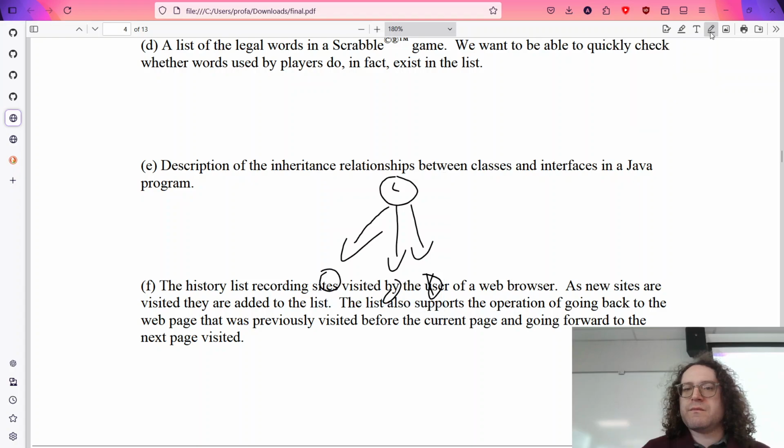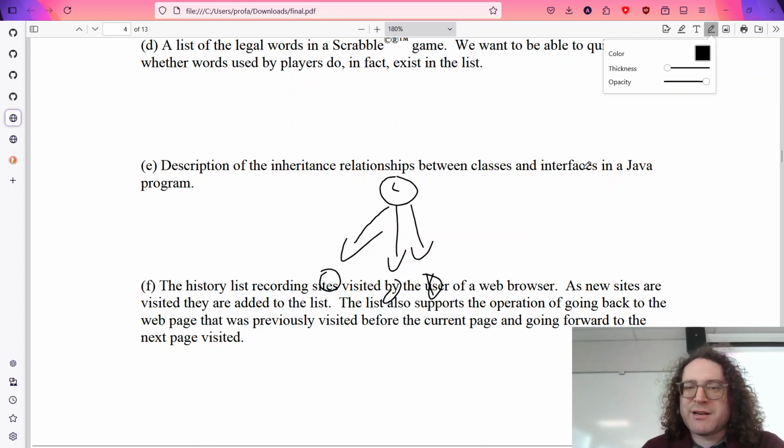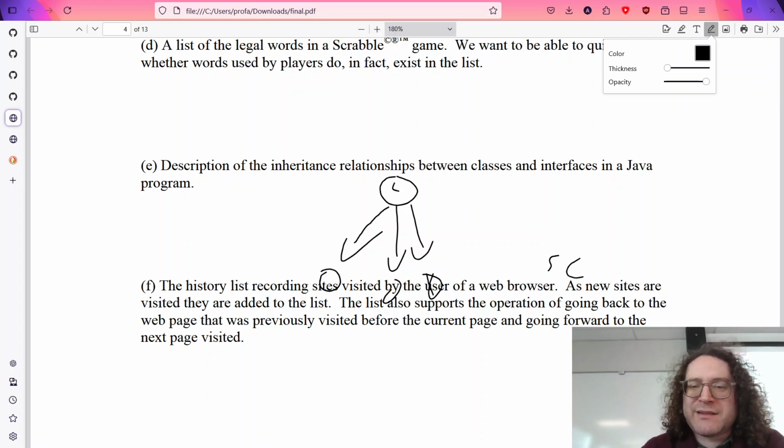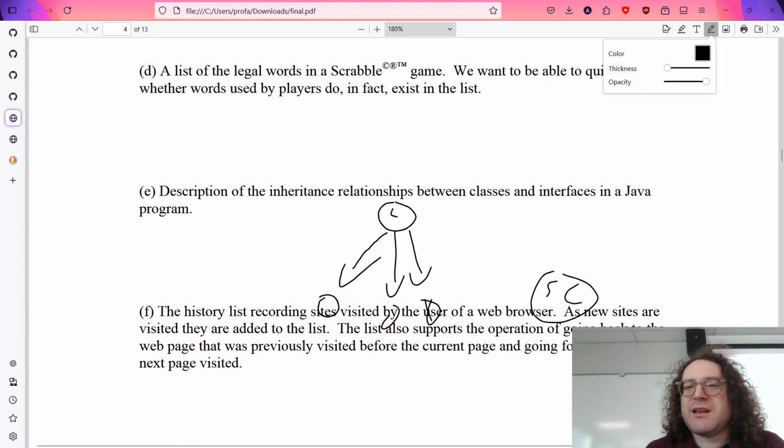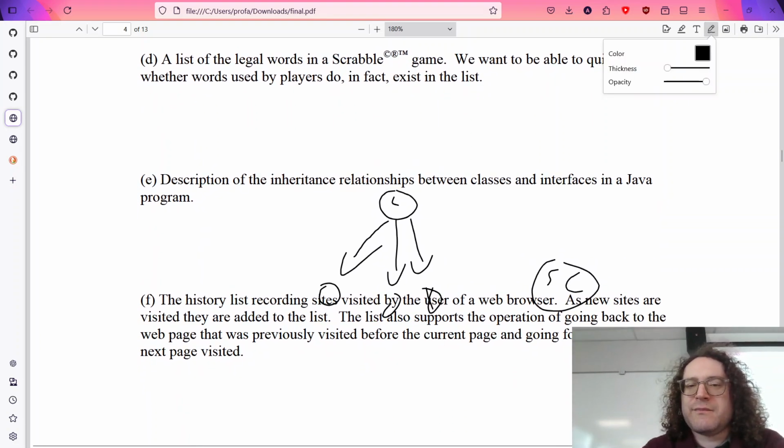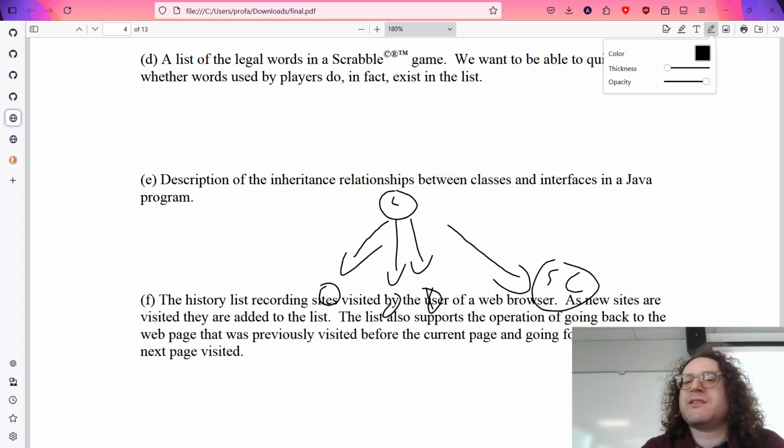Now, on the other hand, with interfaces in Java, if I'm some subclass, how many interfaces can I implement? I can extend one class, but with interfaces, I can implement multiple interfaces.